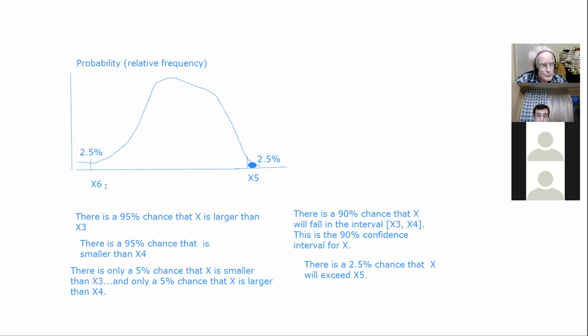In other words, there is only a 2.5% chance that x will be lower than x6.